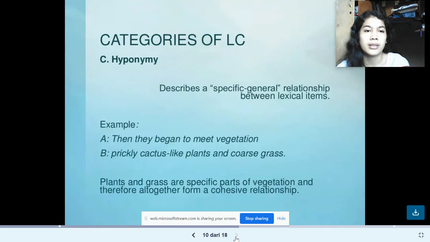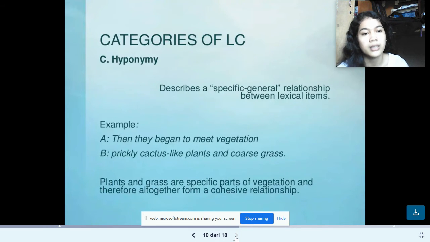So the third category of lexical cohesion is hyponym. It describes the specific-general relationship between lexical items.